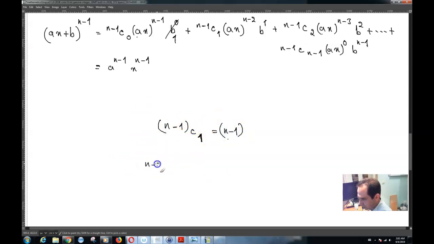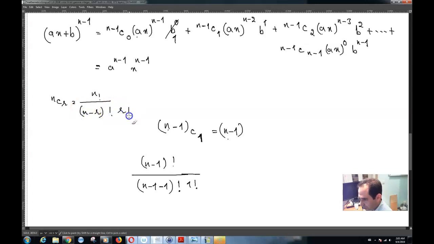The general formula for these combinations is n combination r is equal to n factorial over n minus r factorial times r factorial, right?